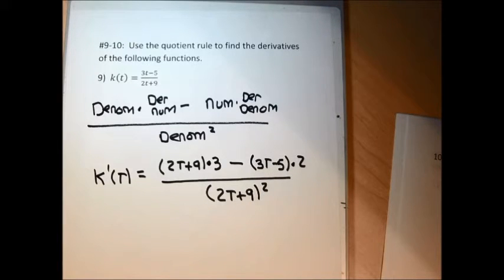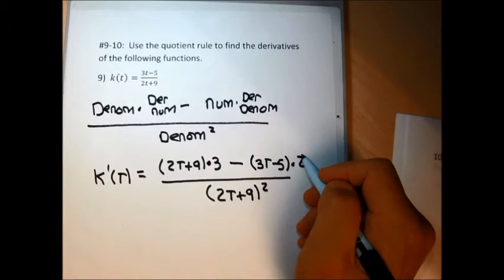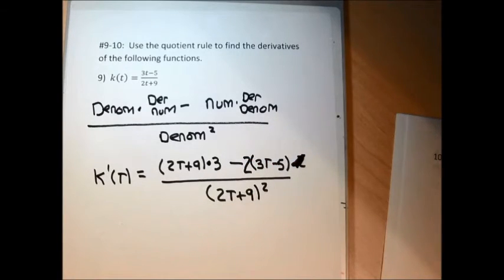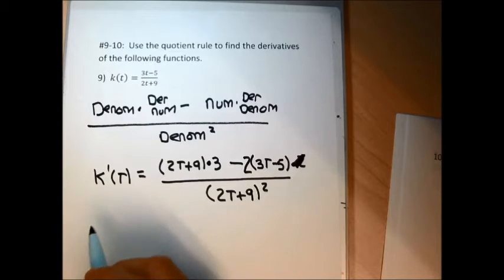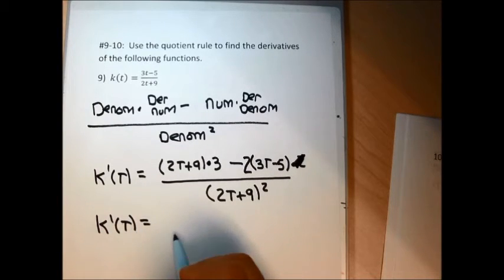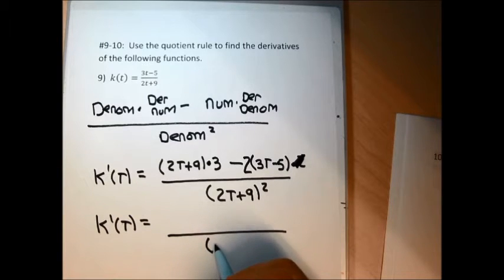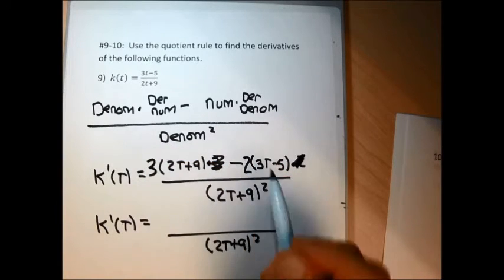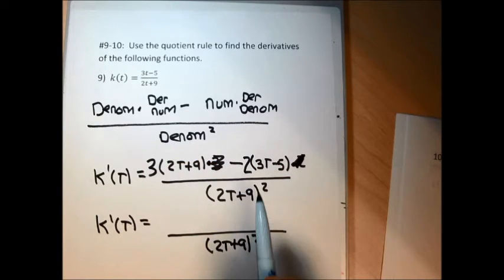Now I'm going to clear the parentheses in the numerator. Probably going to help if I have this 2 written on that side. It'll make it easier to see the clearing of the parentheses. So now I'm going to go k prime of t. I'm going to leave the denominator in its form of 2t plus 9 squared. And in the numerator, it might help if I have the 3 over here as well, because it's easier to see the clearing of the parentheses.